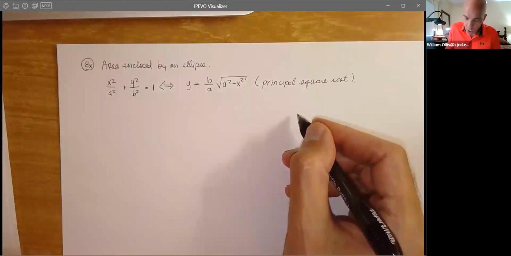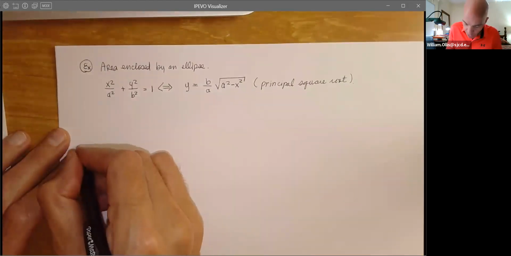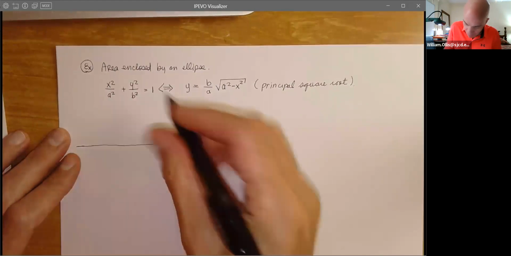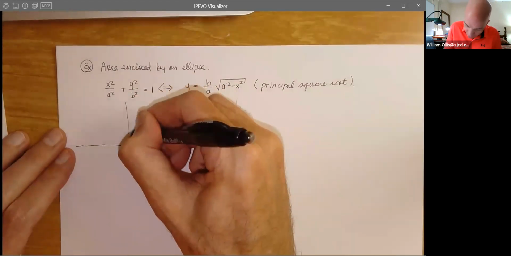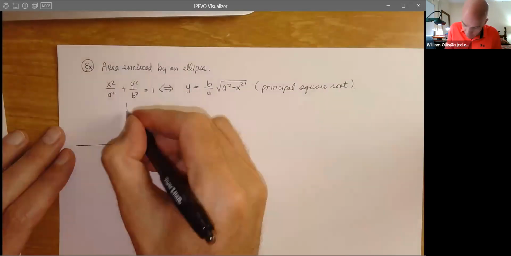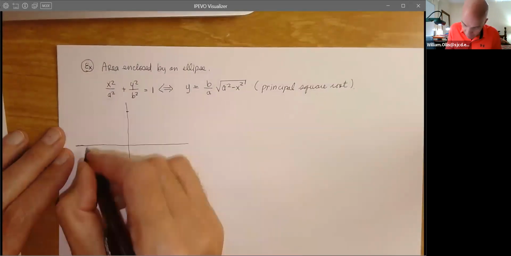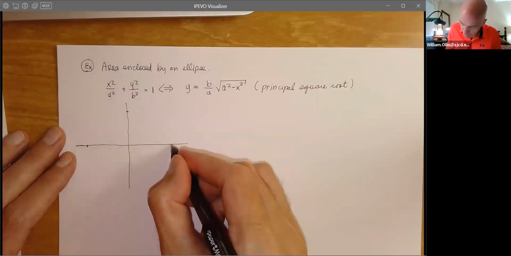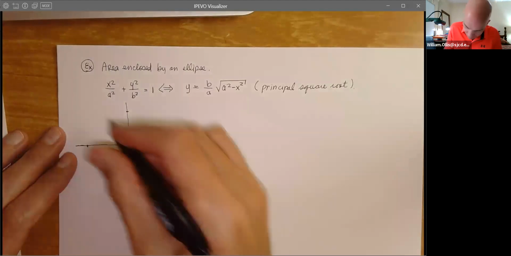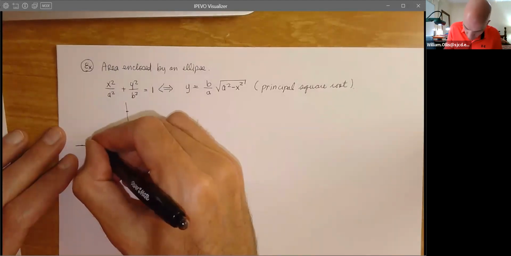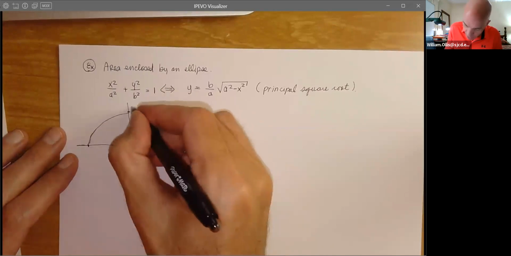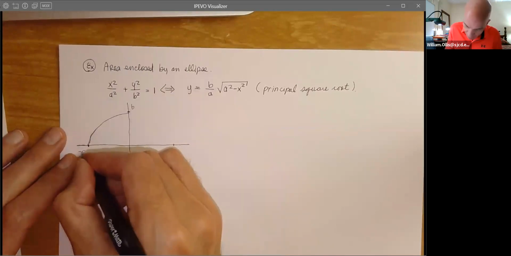So what we want to do is just draw the standard ellipse to get a picture of this, to make this kind of like a problem we would have done in the first section of chapter 7. So let's just go ahead and draw our ellipse. So we have y-intercepts and x-intercepts.